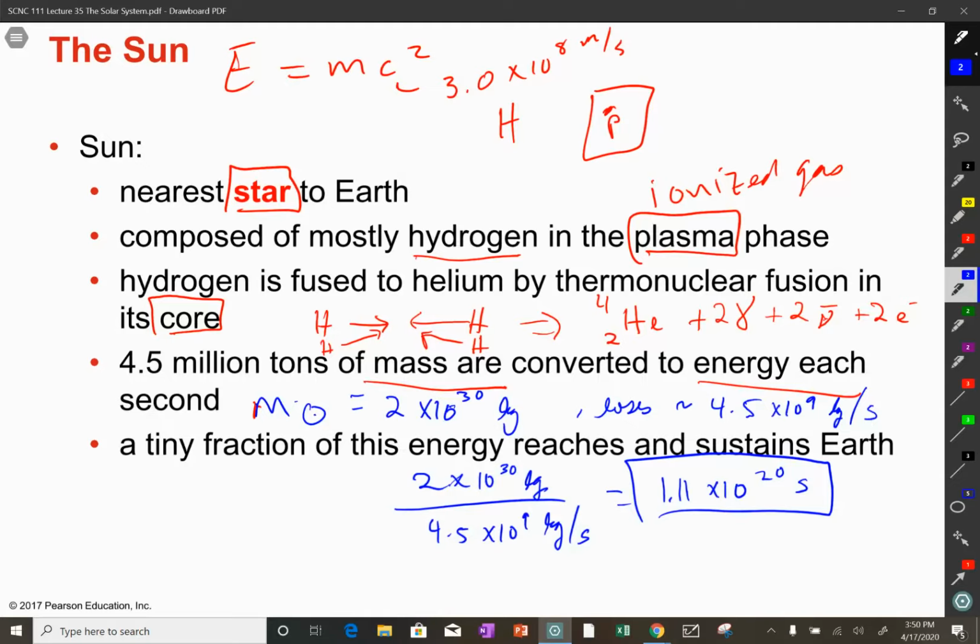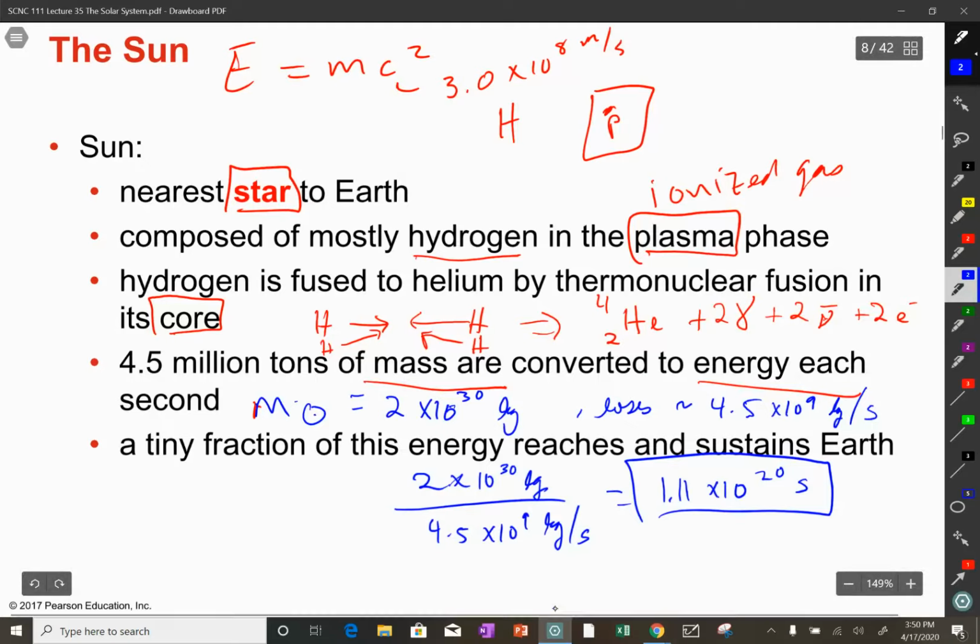Of course, what it is going to run out of is available hydrogen fuel, right? Because it's the hydrogen fusing into helium. So the sun only has about 5 billion years left of fuel. We believe it's been operational for about 5 billion, has about 5 billion left. And there's actually some science behind how they get that age. It's not a number pulled out of a hat. And notice this, a tiny fraction of this energy reaches the Earth.